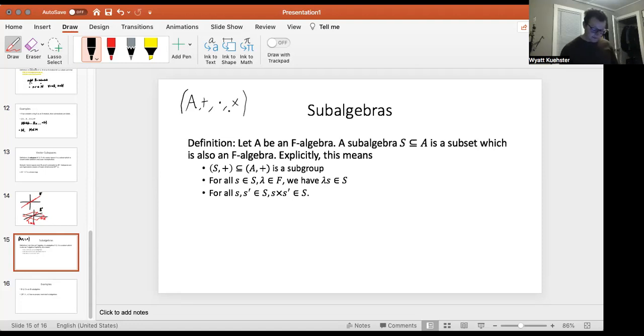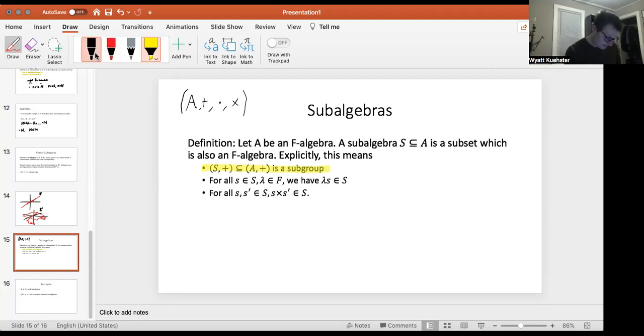So an F algebra A has a subalgebra S if S is a subset which is also an F algebra, and we'll spell out what this means. It means that under the addition, S has to be a subgroup.